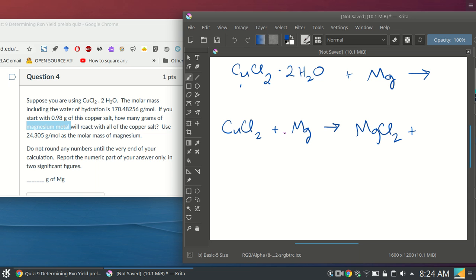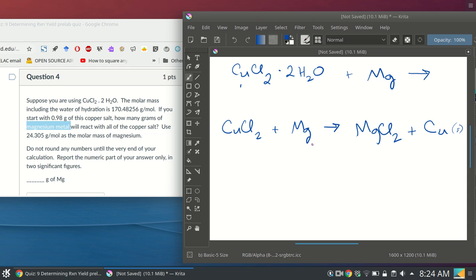So this guy replaces the copper, so you get magnesium chloride, just as you did in the lab, and then what is left over here? Well, I've got the Mg, I've got the Cl, so I just need the Cu. The Cu is left over here. That's pure. That's the product. Now let me balance the equation here.